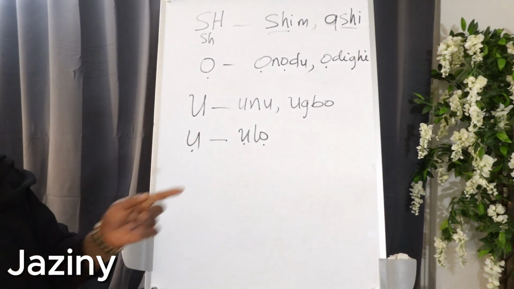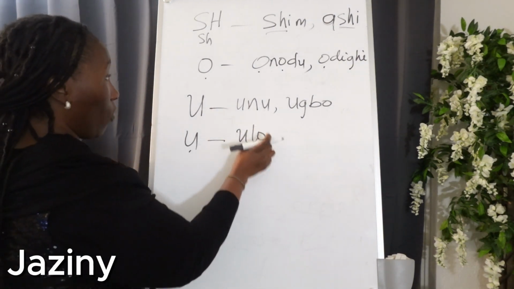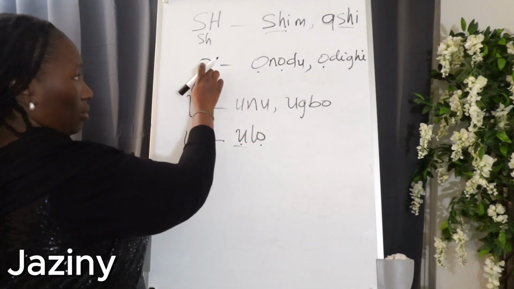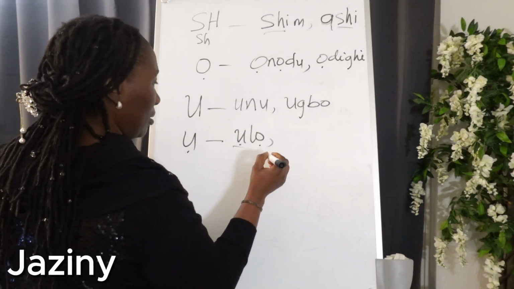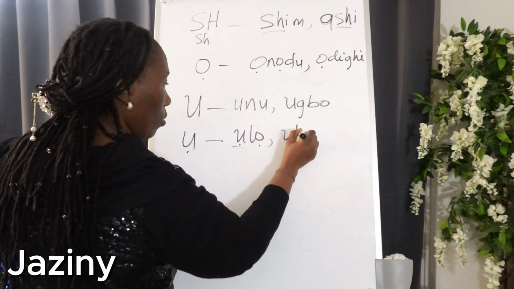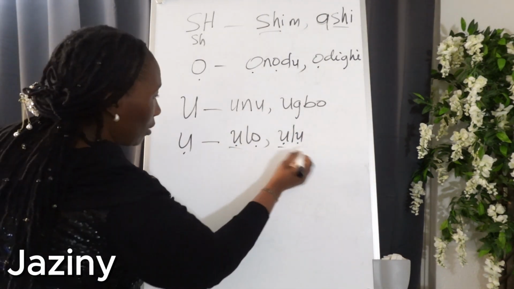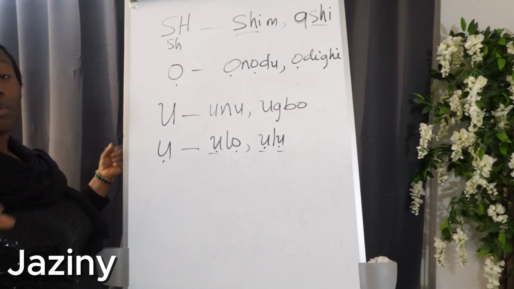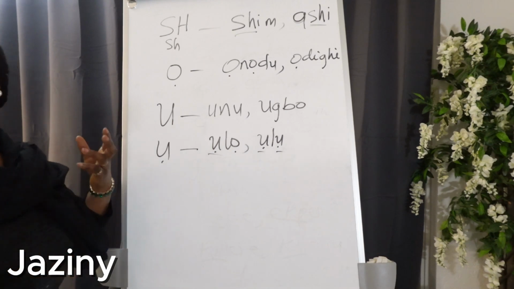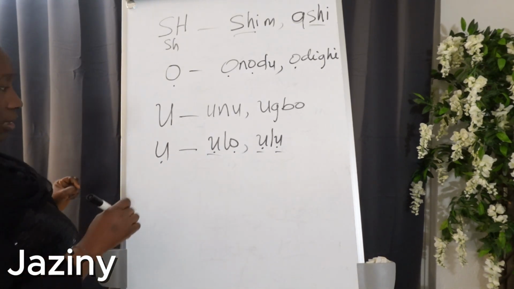This means house, but this is the sound I'm looking at. You now see this other one here. This ọ is the same as this. Then another example is ọlọ. Ọlọ means a second daughter. That's the sound I'm looking for. Ọ. You see it in many words. I'm just trying to make you understand that you're going to be seeing this later in a lot of Igbo words.